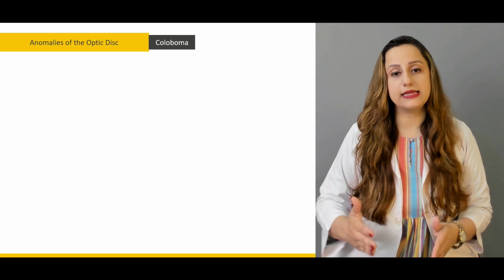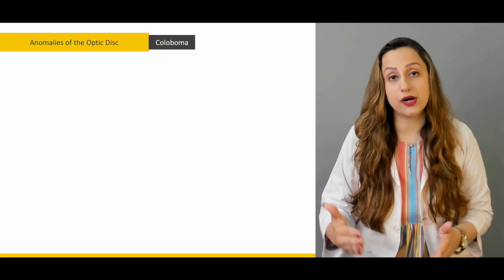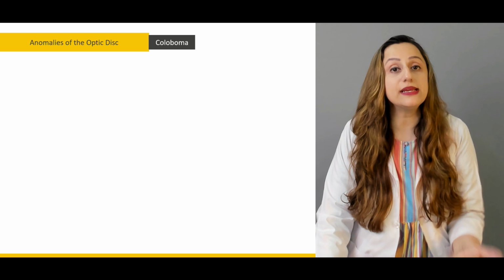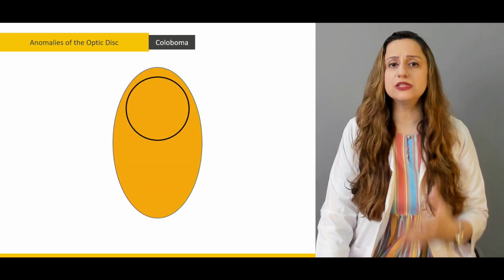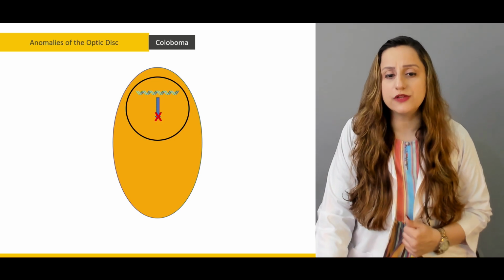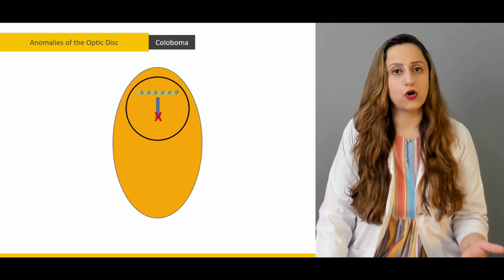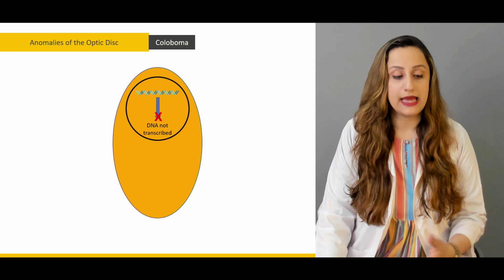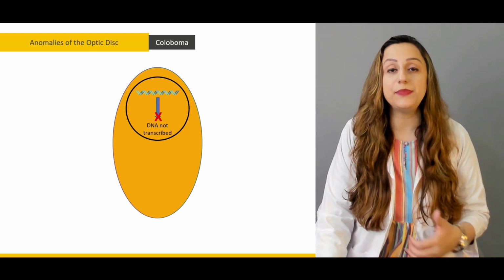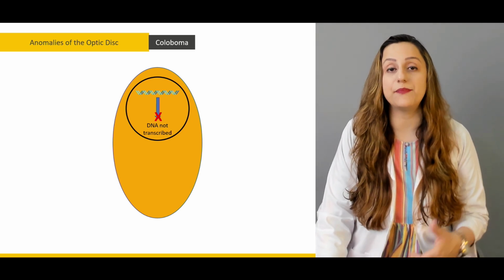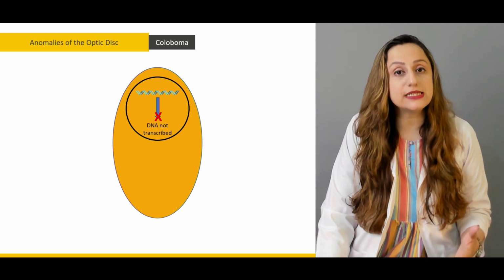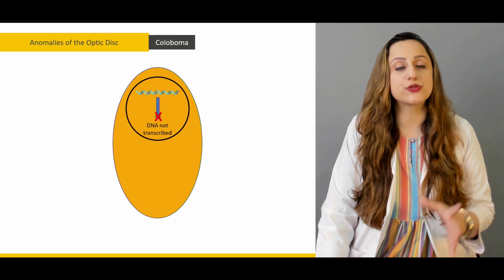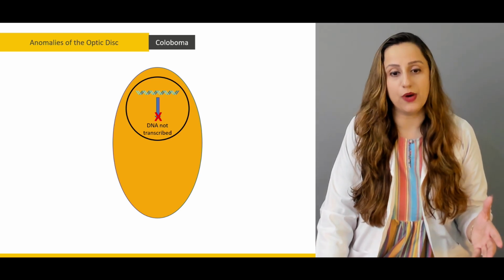Particularly, a coloboma can also occur at the optic disc, or this ring defect can occur at the optic disc. The gene that is particularly involved in the coloboma formation is PAX6. These PAX6 genes are mutated at the genetic level and are responsible for these ring defects to occur.